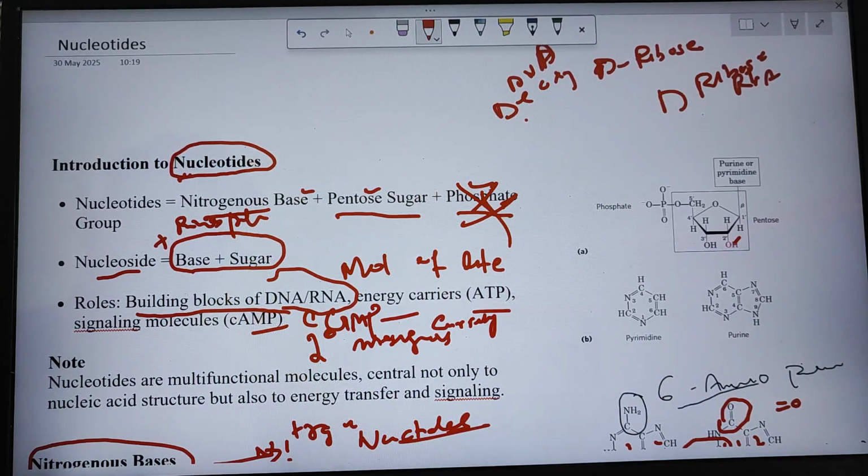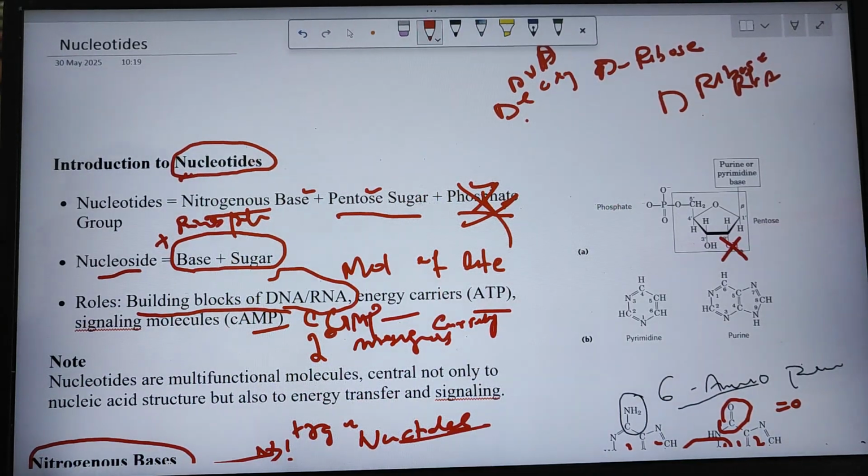DNA lacks the OH group at carbon number 2. Instead of the OH, the sugar in the DNA has the H atom only. So that's why the DNA contains the deoxyribose sugar and the RNA contains the ribose sugar.